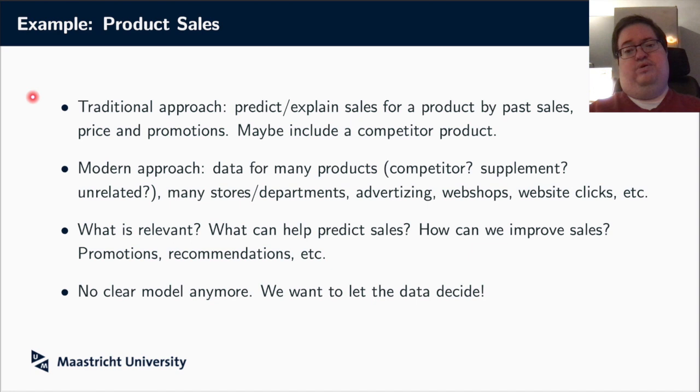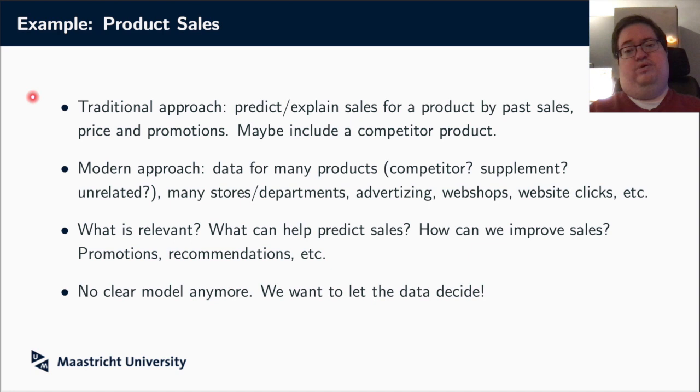Now, while that is certainly a sensible option, we could do much better, because you probably have data for many products in your company. So there might be some that actually are competitor products, there might be others which are supplementing it, so they would tend to get bought together, and others might be unrelated. But we don't really know. If we have many products, we cannot really tell a priori how this will be.